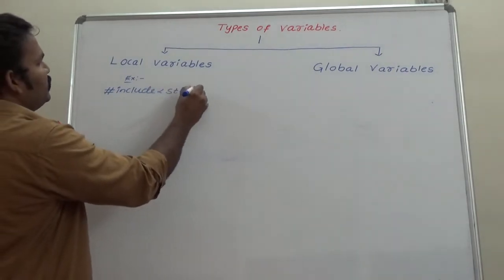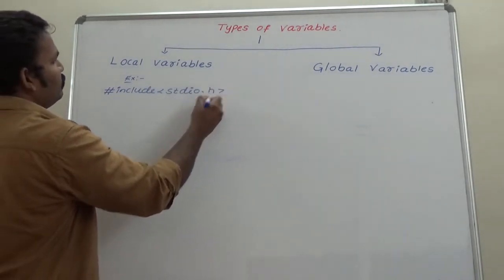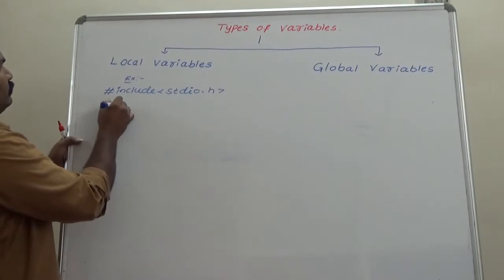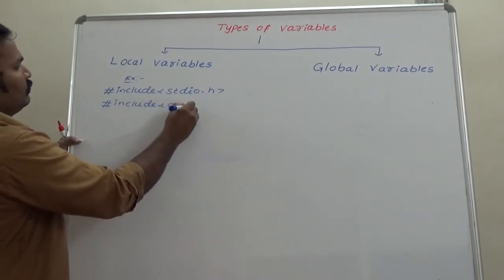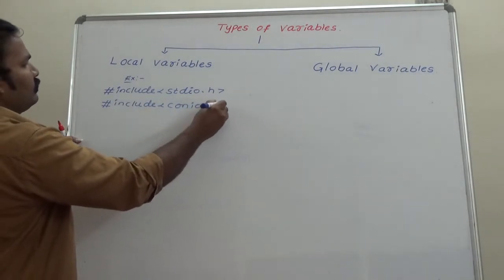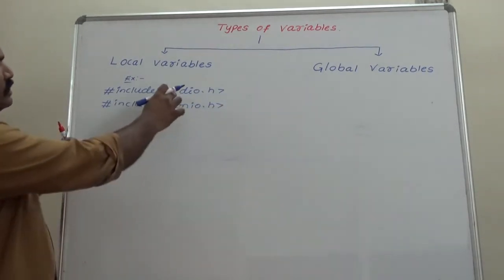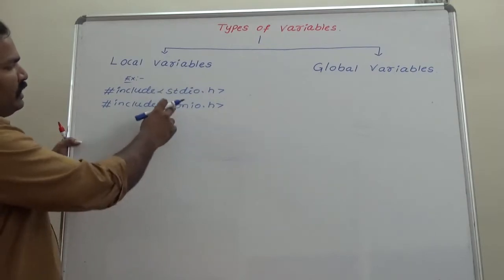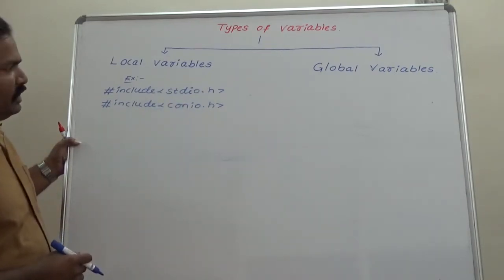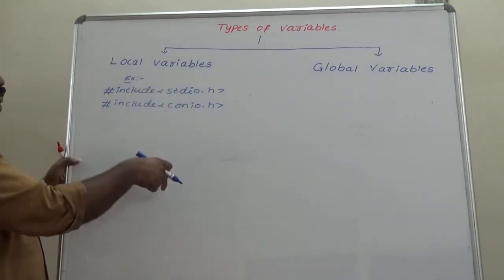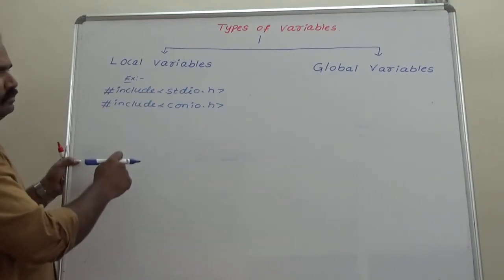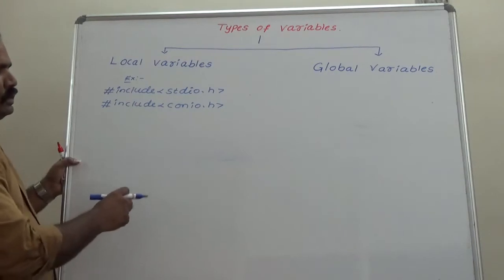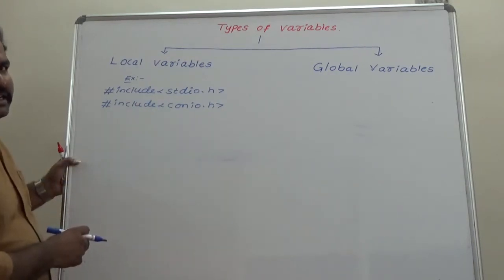The link section contains header files: the standard input output header file and the console input output header file. In my program I am going to use printf and scanf functions, and also clrscr and getch functions.